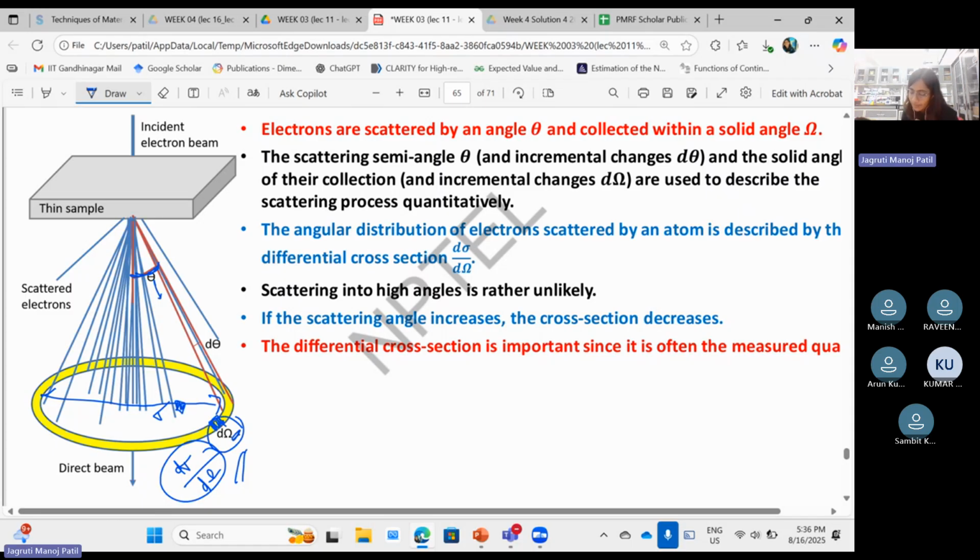So if you assume some perpendicular relationships over here, if the angle theta decreases, what will happen to your cross section?